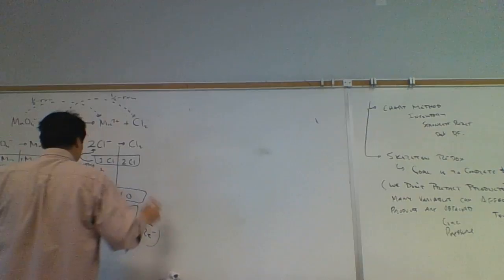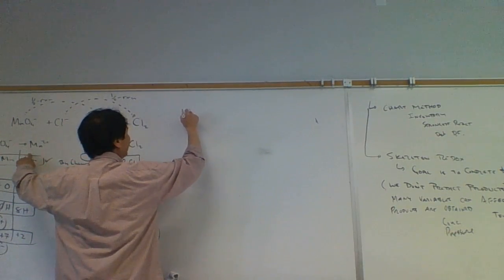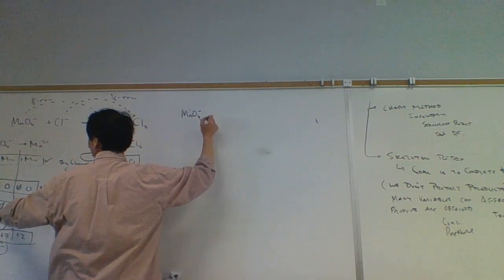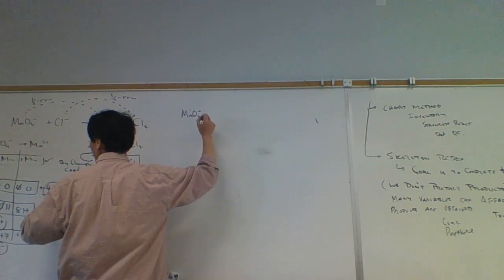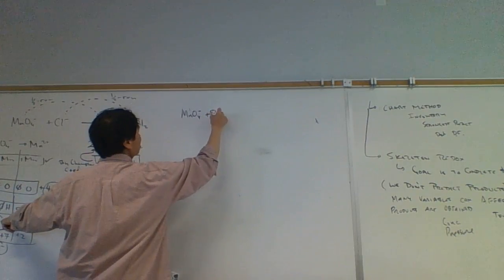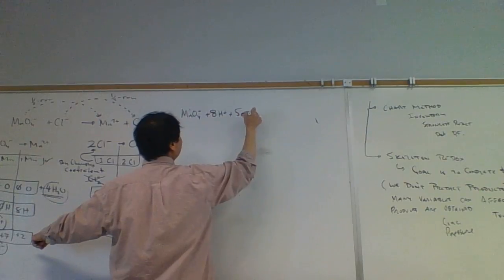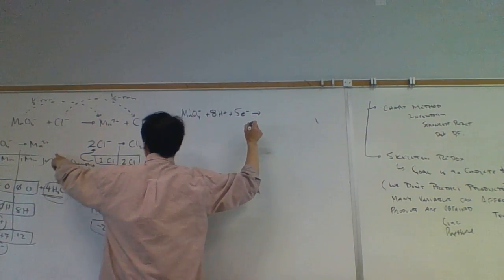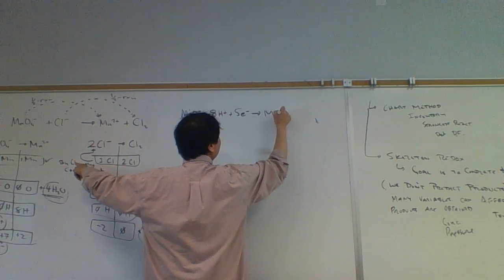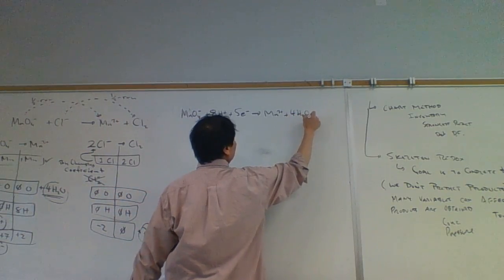So now I'm done. I just add everything up. And so on the left I got permanganate plus 8 H plus 5 electrons. This is going to yield manganese 2 plus and 4 water.